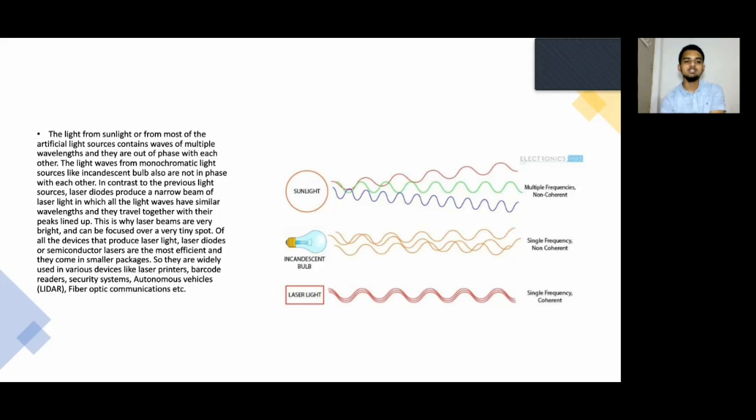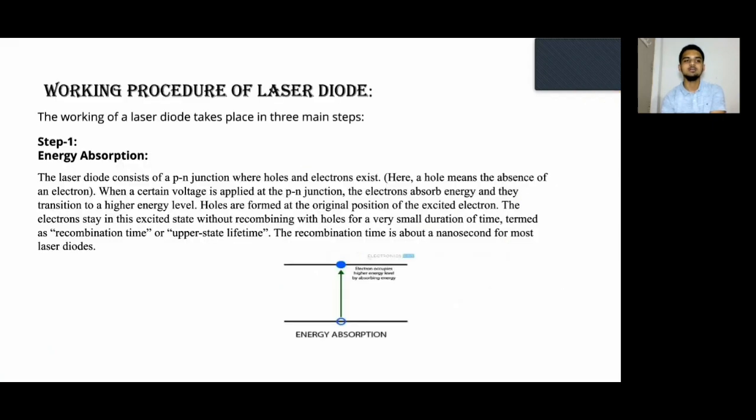Of all the devices that produce laser light, laser diodes or semiconductor lasers are the most efficient and they come in smaller packages. So they are widely used in devices like laser printers, barcode readers, security systems, autonomous vehicles, fiber optic communication, etc.